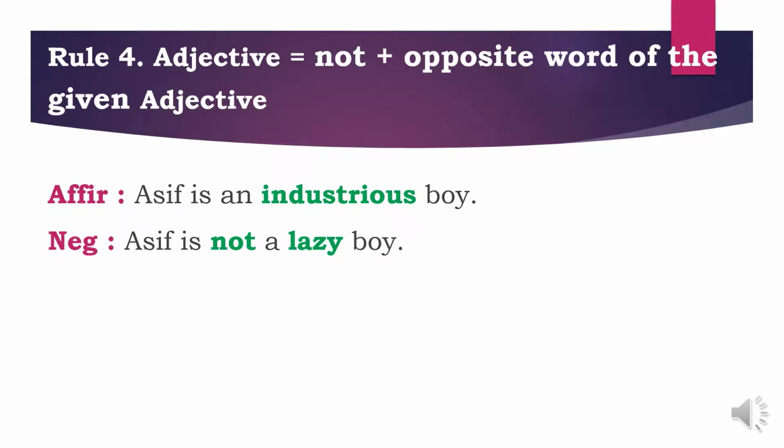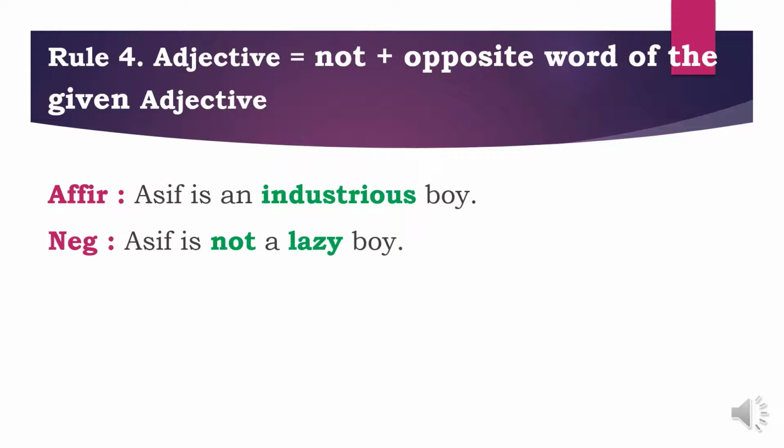Let's make it clear with some examples. Asif is an industrious boy. Its negative form is Asif is not a lazy boy. Here, industrious is an adjective because it refers to a quality, or in other words we can say it is actually modifying the noun boy, and we know any word that modifies a noun is an adjective.